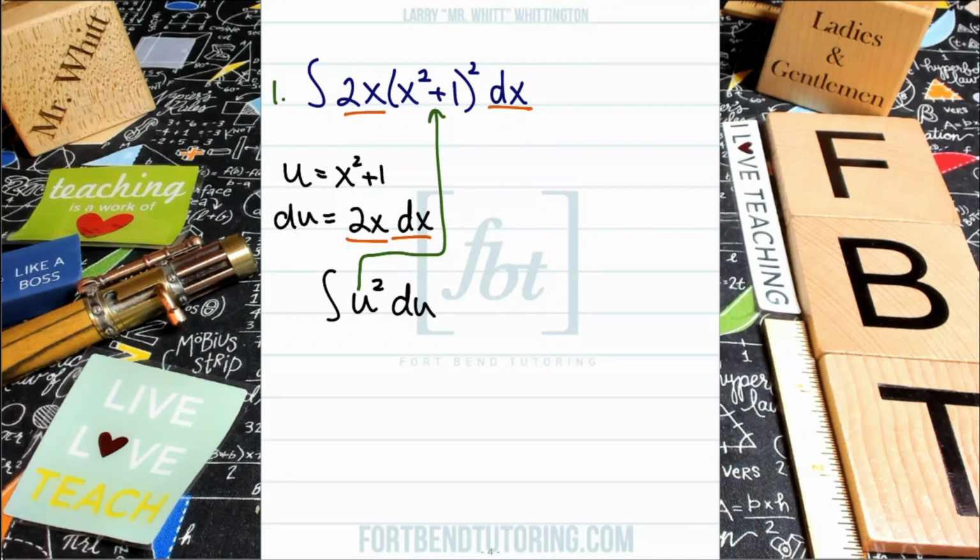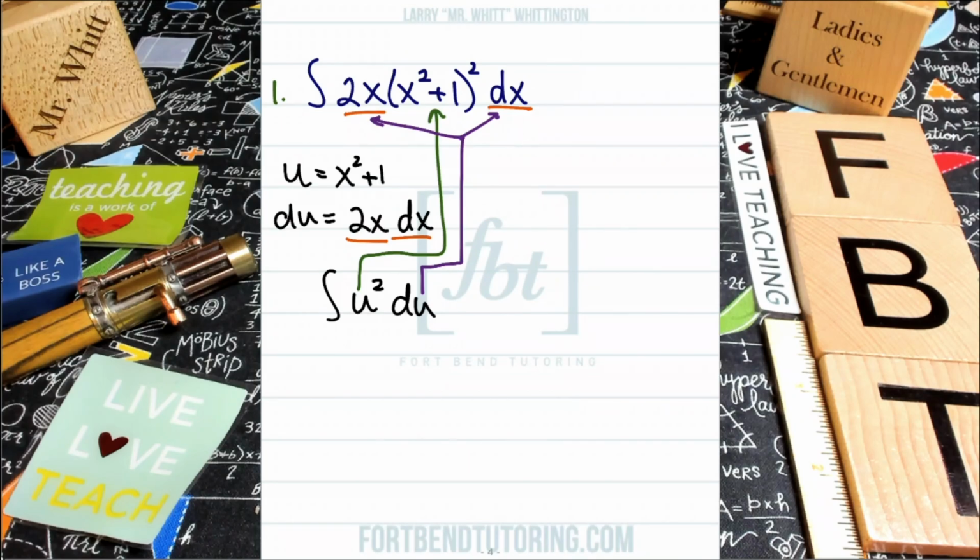And since that original x squared plus 1 is squared, we have our u squared. In addition to that, our du is representing the dx as well as the 2x there. That's why this process is also known as u-Substitution, because we're using the variable u and its derivative to replace much of the original content from the original integral.